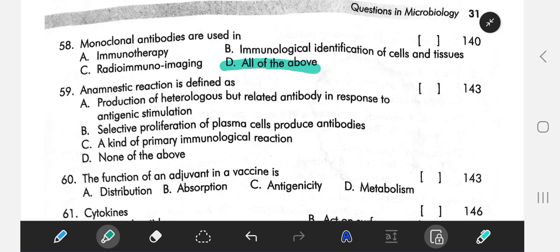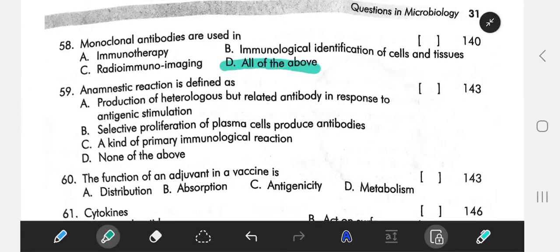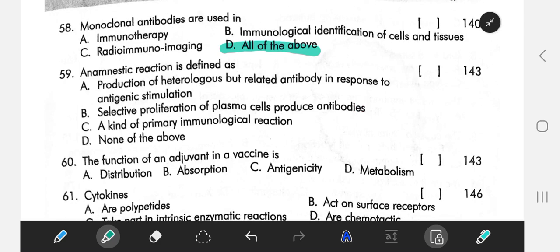Question number 59. Anamnestic reaction is defined as option A. Production of heterologous but related antibody in response to antigenic stimulation, B. Selective proliferation of plasma cells producing antibodies, C. A kind of primary immunological reaction, D. None of the above.